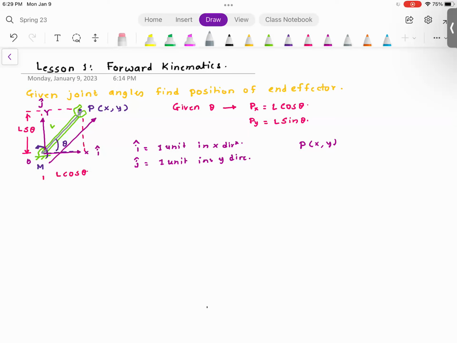This is my position vector, and every vector has a magnitude and direction, that is given as L cosine theta i plus L sine theta j. Are you with me so far?